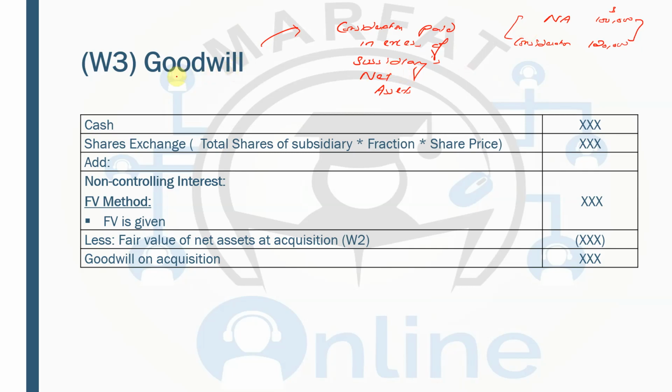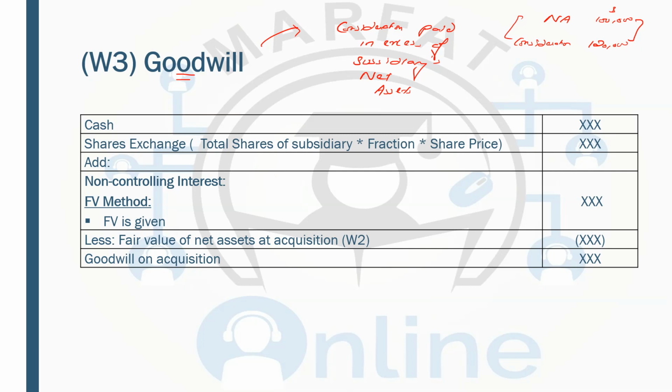So in order to calculate the goodwill, you need the consideration. Consideration is simply the cash paid, and the share exchange. Share exchange is a type of consideration in which the parent acquires the shares of the subsidiary and in exchange gives them its own shares.